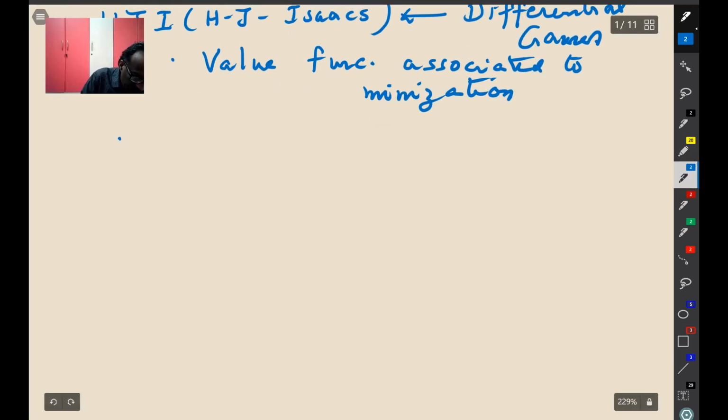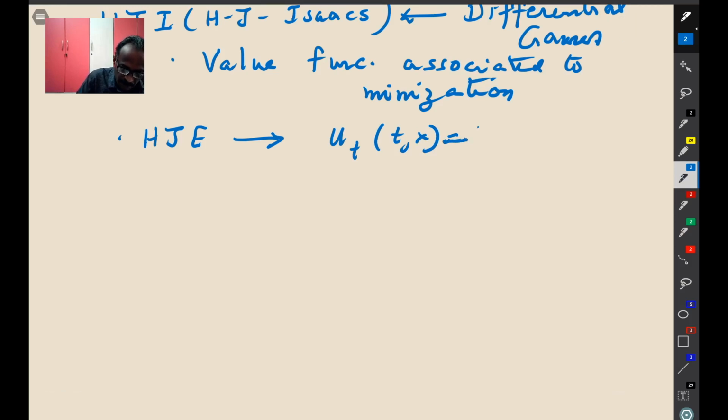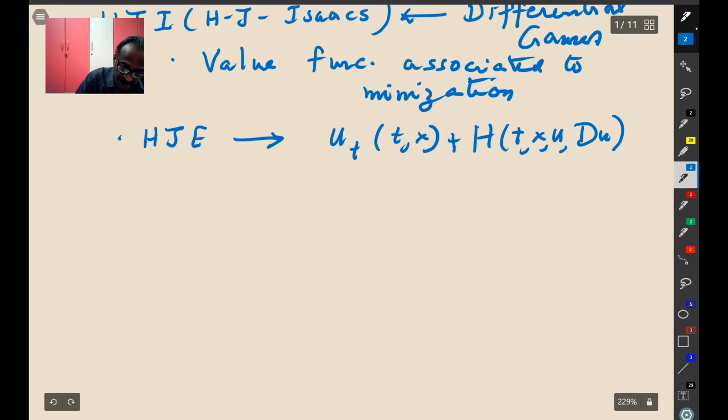So typically a Hamilton-Jacobi equation is a nonlinear equation of this form: u_t(t,x) plus H(t,x,u,Du), something like that, where Du is the derivative, basically du/dx1 etc., du/dxn, equal to 0.